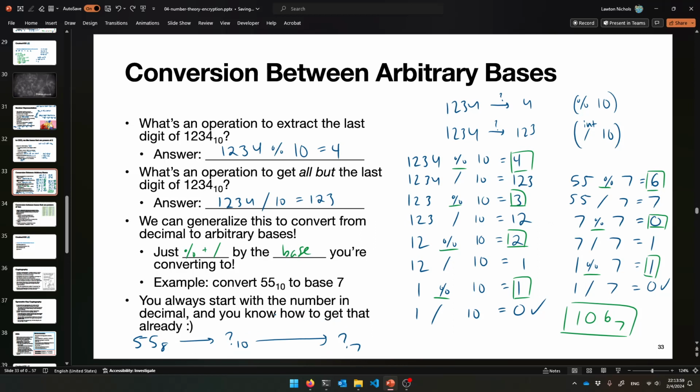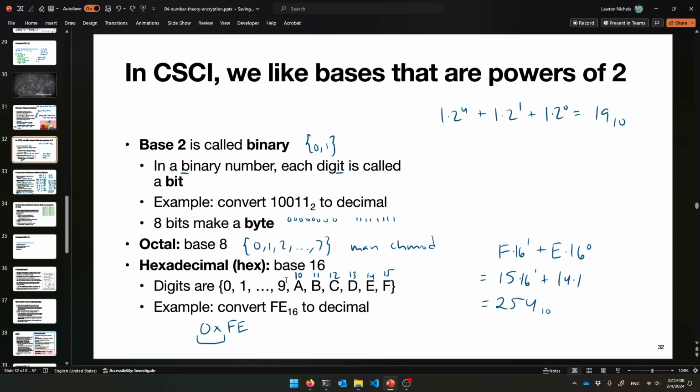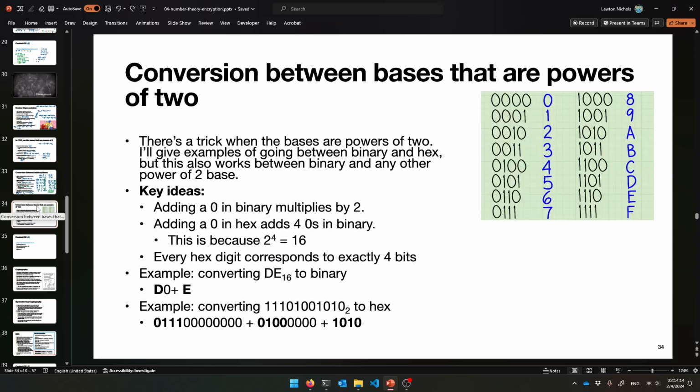All right? There are some shortcuts though if your bases are powers of each other. Powers of 2, of course, is what we care about. So there are some cute tricks to convert between binary, octal, and hex very quickly. Let me show you those tricks. First of all, do you see in this picture that these are hexadecimal digits all the way to F, which is 15?